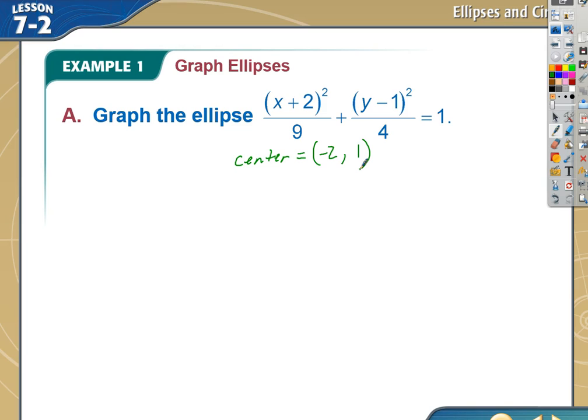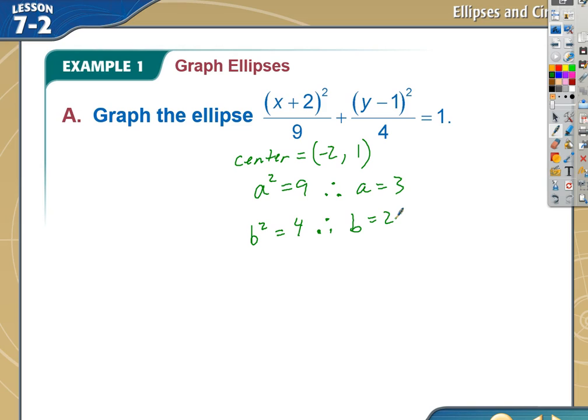And what I find out is which one's A. The bigger one is A, so in this case 9, but remember, A squared is equal to 9. Therefore A is equal to 3. The 4 is B squared is equal to 4, therefore B is equal to 2.